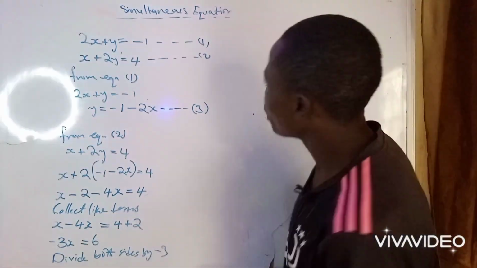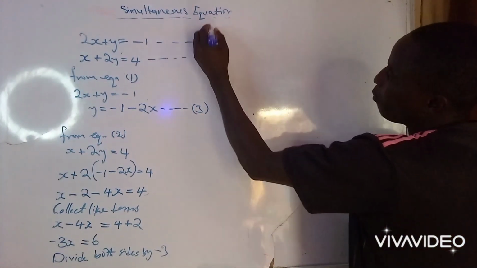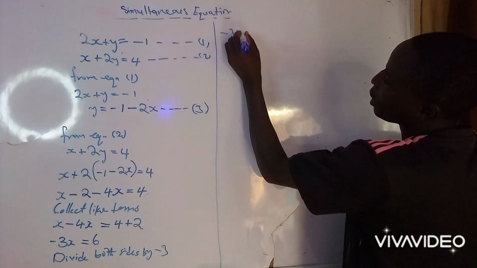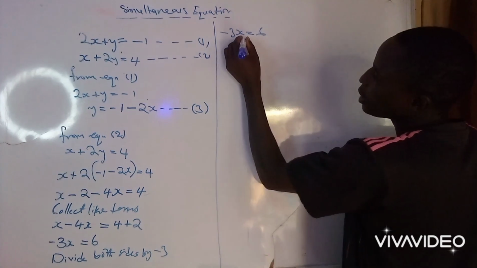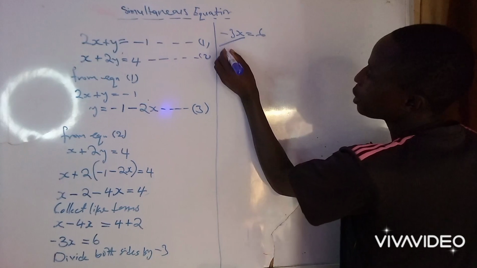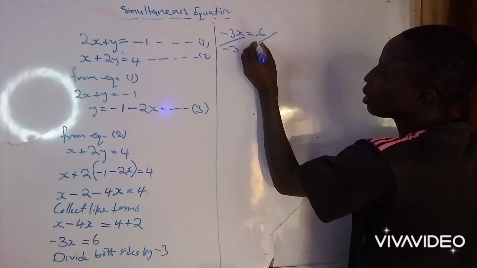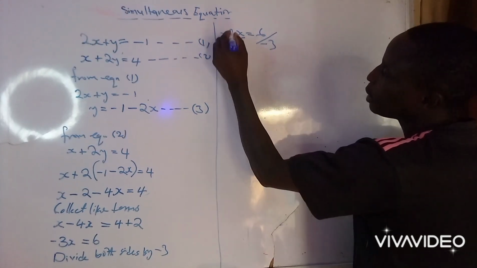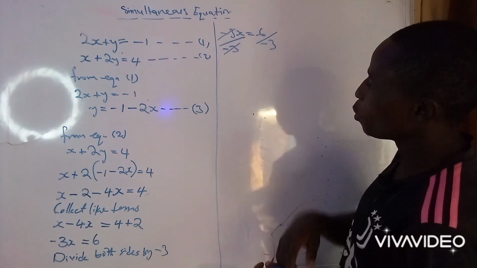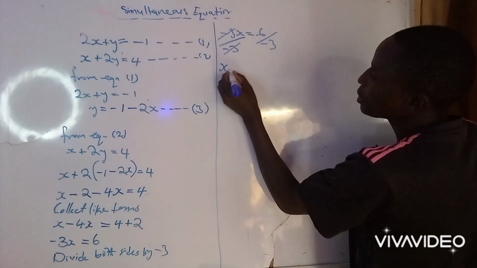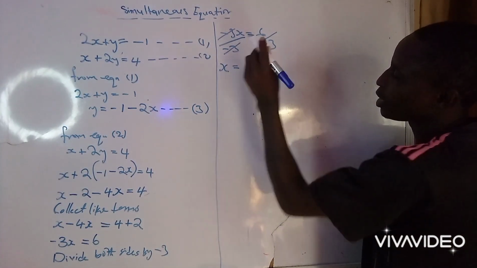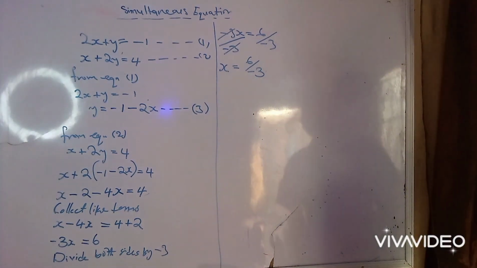So now, minus 3x is equal to 6. Since we are dividing both sides by minus 3, I will say divide by minus 3. Then minus 3 will cancel out, the numerator and the denominator will go. Then x is equal to 6 all over minus 3. Am I communicating? Thank you.